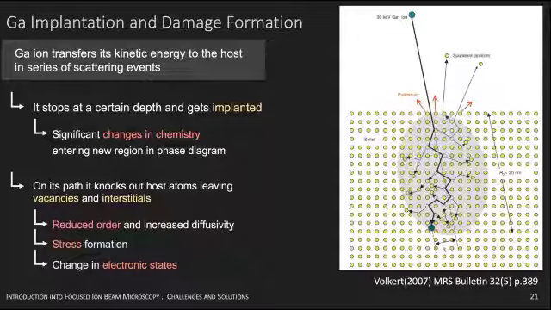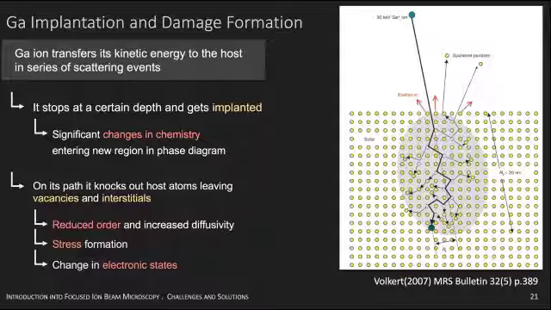On its path, it knocks out host atoms, leaving vacancies. And these host atoms eventually will stop and can often fall into interstitials. So we are damaging the sample, we are reducing the order, we potentially increase the diffusivity, and we definitely generate stress.